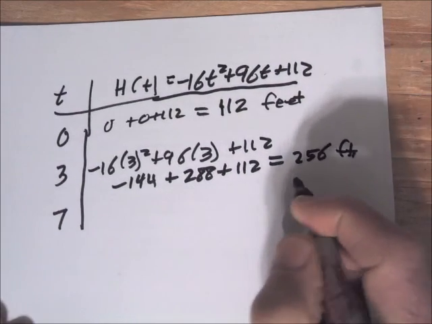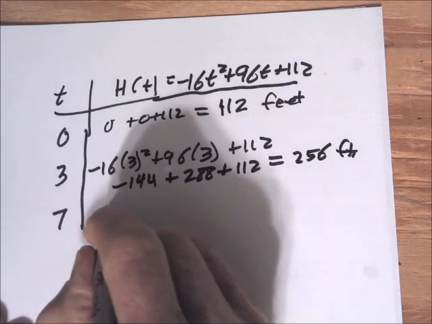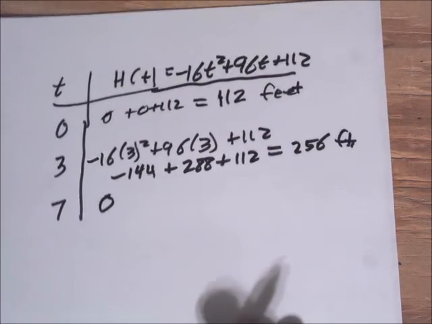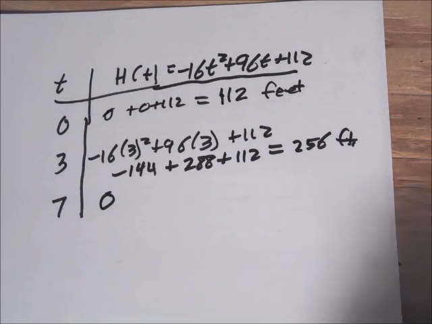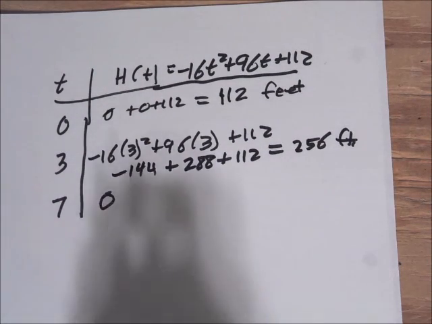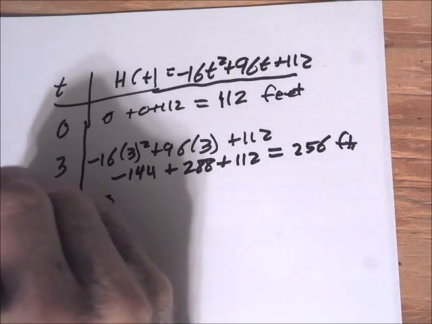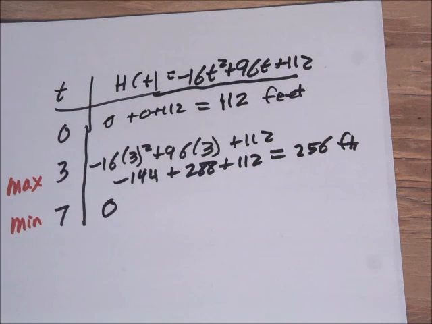At time 7, we already know that's when the rocket hits the ground, so the height there is 0. So the minimum value is when it hits the ground, and the max will be 256 feet, and that occurs after 3 seconds.